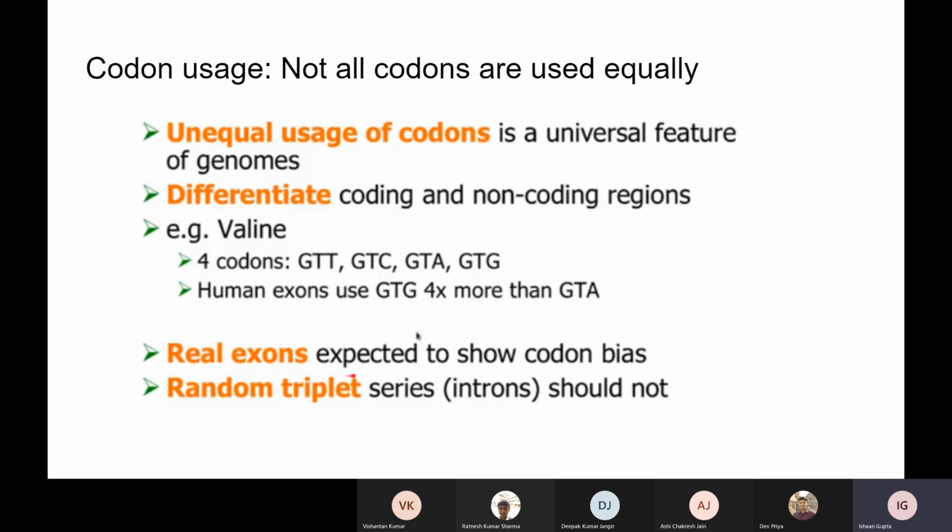So real exons are expected to show what's called codon bias, unlike introns, which would just have a random frequency of triplets. If you take any version of triplets in your introns, you would essentially find that they are basically not having any bias.